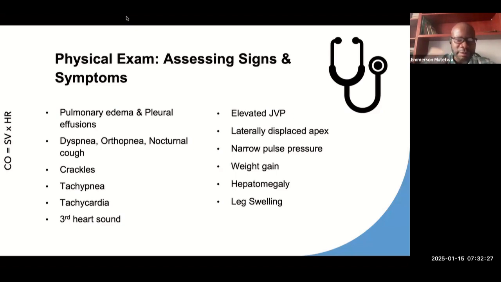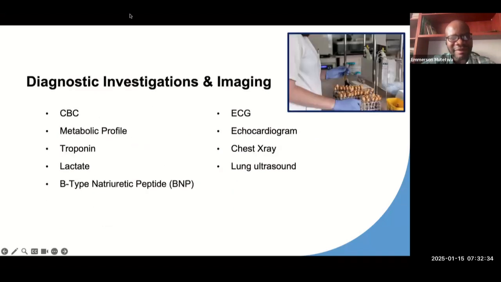Also important in terms of the evaluation of the patients. Next slide. Yeah, so also in terms of the evaluation of the patient, diagnostic investigations and imaging are very important. Remember, when you look at some of these investigations, number one, they can assist in making the diagnosis of cardiogenic shock, and also help you in coming up with a plausible cause of the cardiogenic shock.